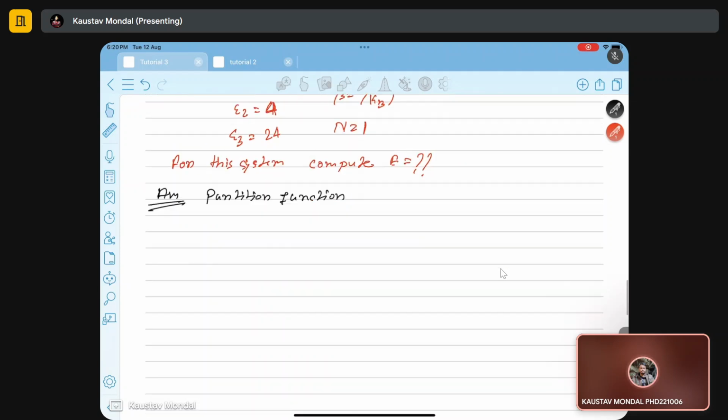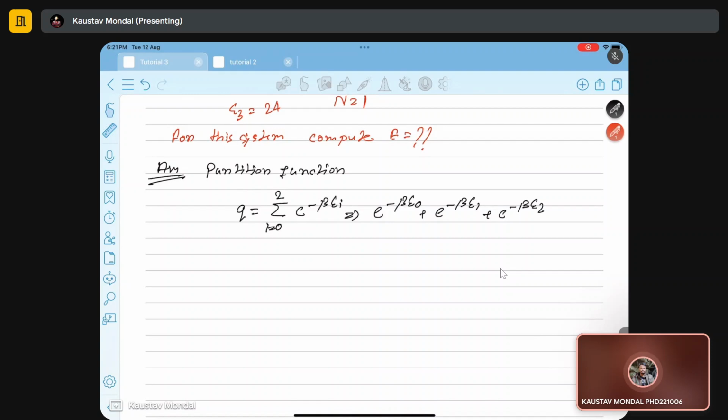So the partition function expression would be q equal to summation over i from 0 to 2, right? Three level system, so i will be 0, 1 and 2. So e to the power minus beta Ei. So it would be e to the power minus beta E0 plus e to the power minus beta E1 plus e to the power minus beta E2.